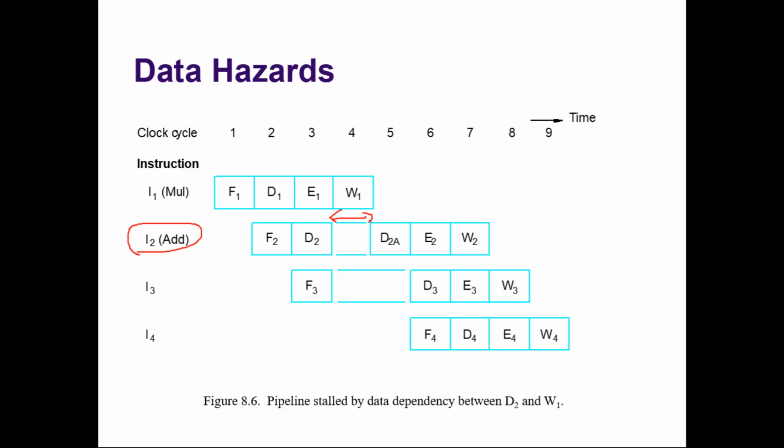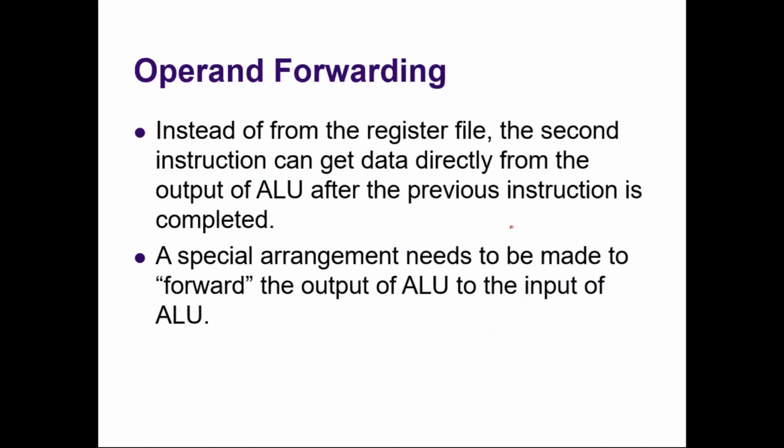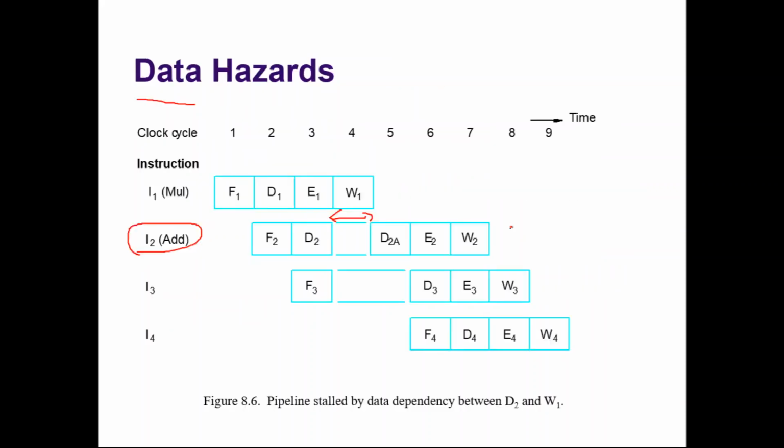Wrong output will come out, right? So this is also one solution for handling data hazards, but this is a solution with delay or with stalls. But operand forwarding is a solution without stalls. So if you don't apply stalls, then it will create wrong outputs, right?